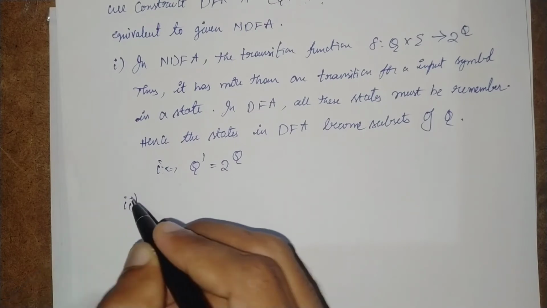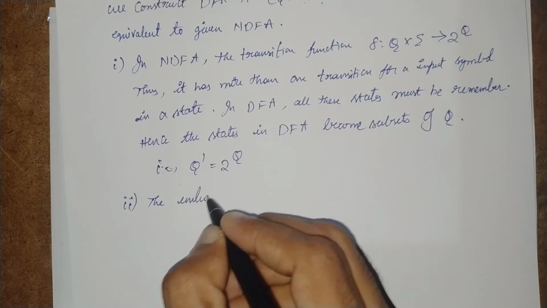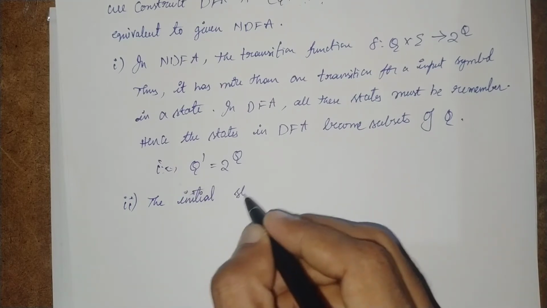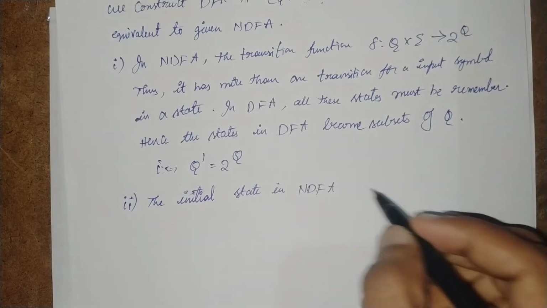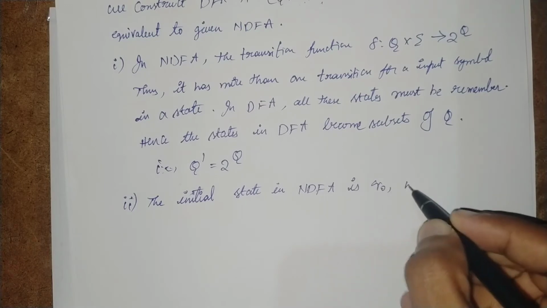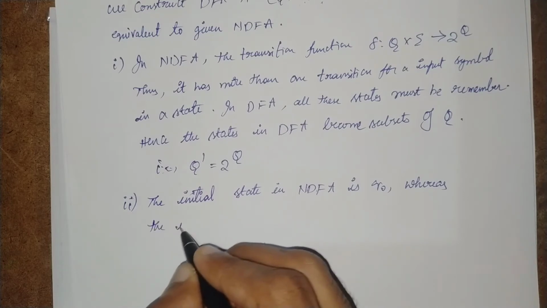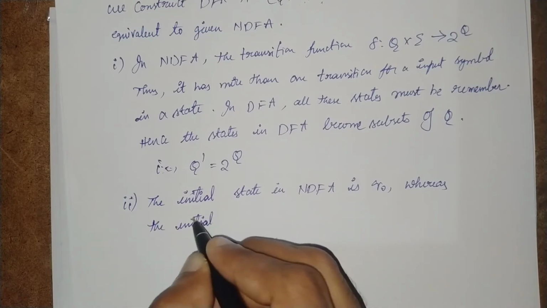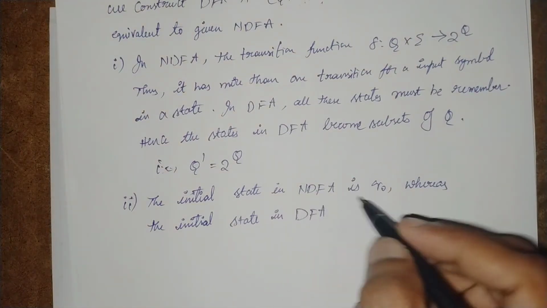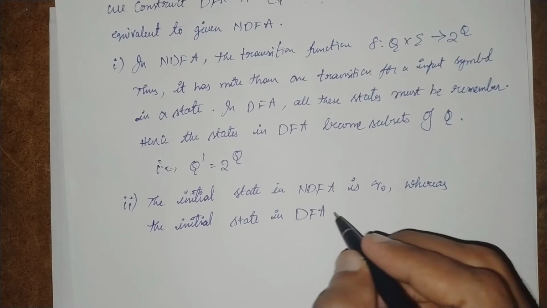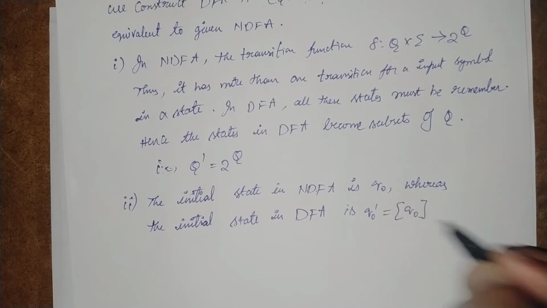Then the second one: the initial state in NDFA is Q naught, whereas the initial state in DFA is Q naught dash, which is also written as Q naught.